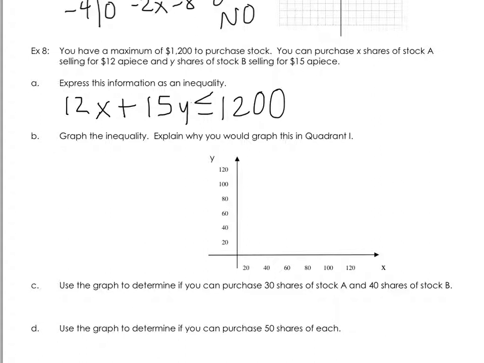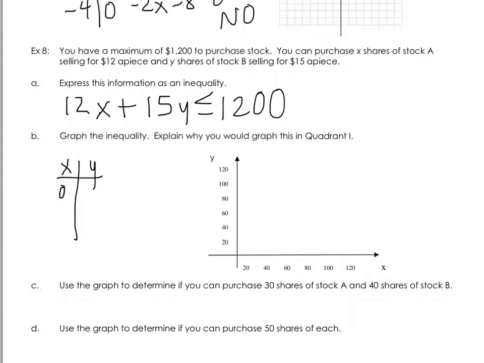So let's graph this inequality. I like this general form, so I would like to make a t-chart for the intercepts. If we let x be 0, we have 15y equals 1,200. How many shares of stock B can we buy then? If we divide both sides by 15, we get 80.